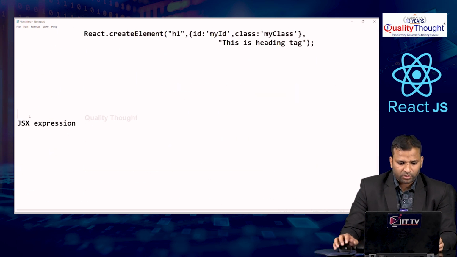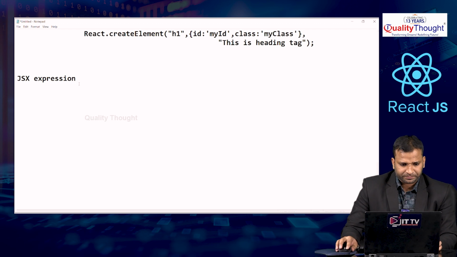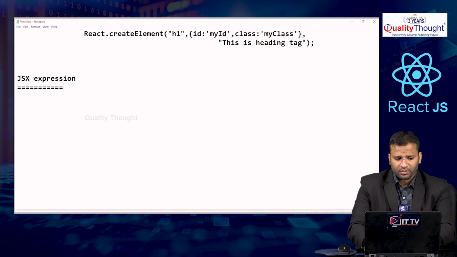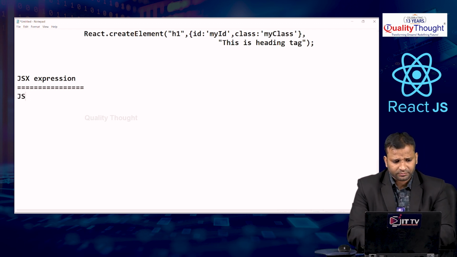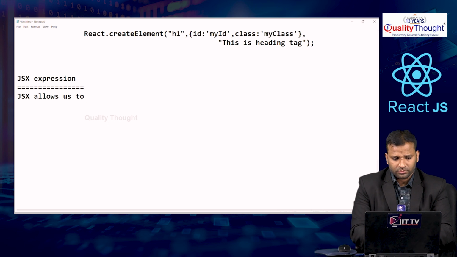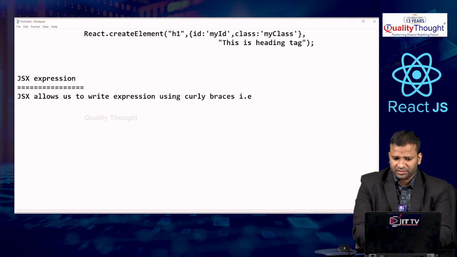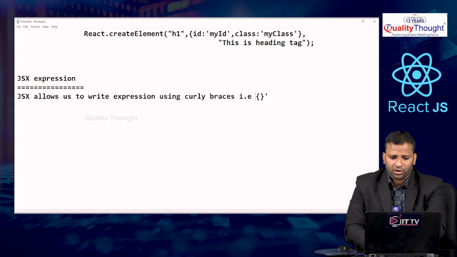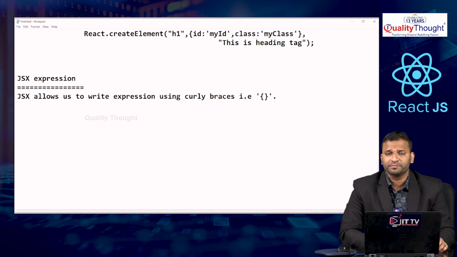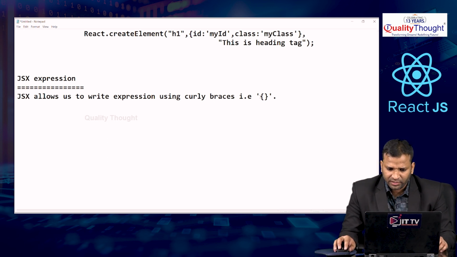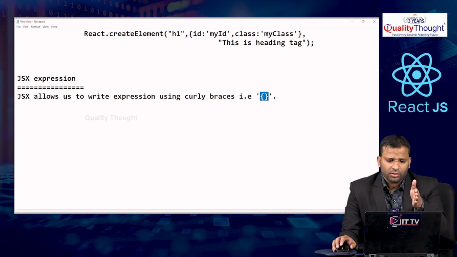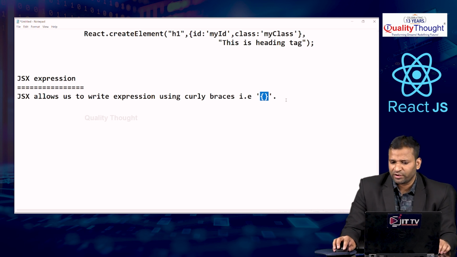Now we need to go for JSX expressions. See, JSX allows us to write an expression using curly braces. It means if you want to write any expression, guys, expressions are represented by using open curly bracket and closing curly bracket.